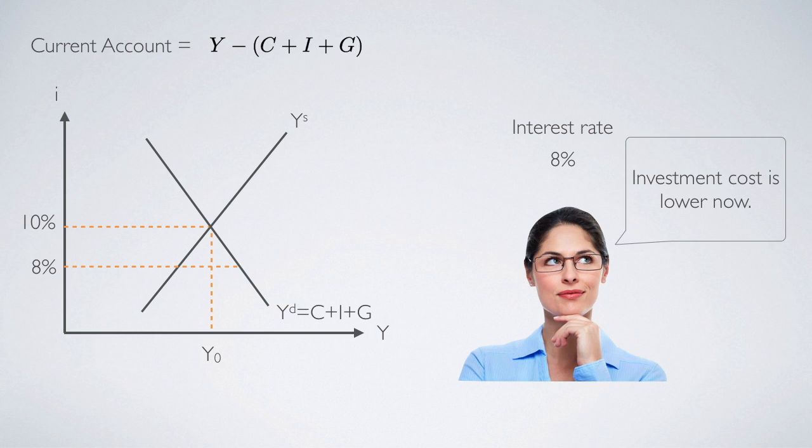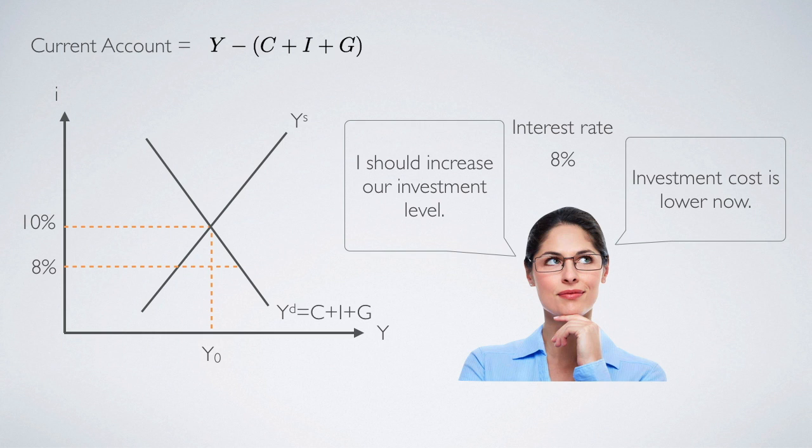Therefore, it's very natural that the businesswoman would decide to increase her investment level. So the I component of YD will increase as interest rate drops. The reason that YD has a negative slope is that consumption will increase as well as investment will increase when interest rate falls, due to the story we just learned.